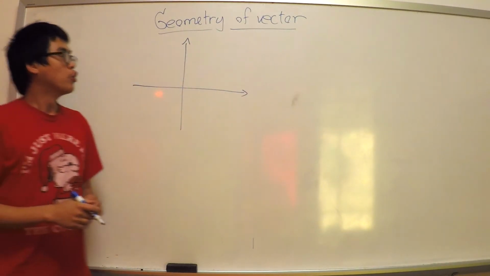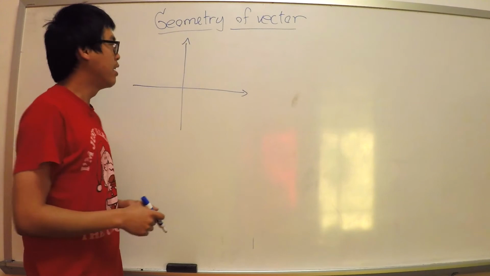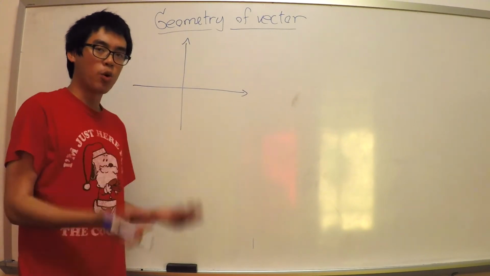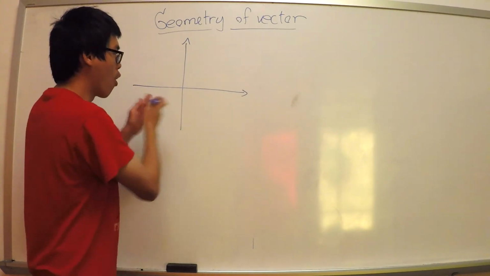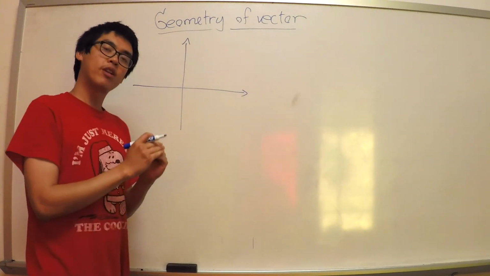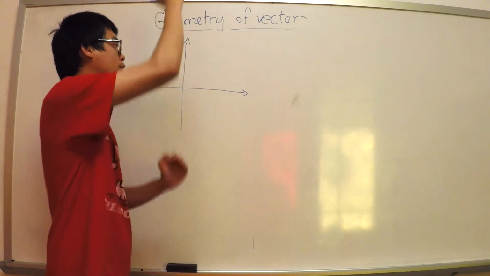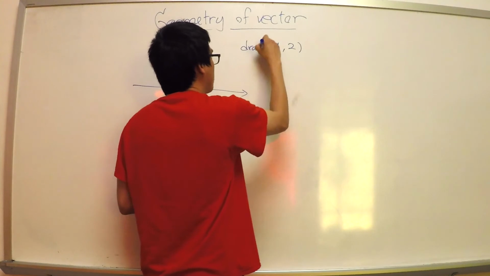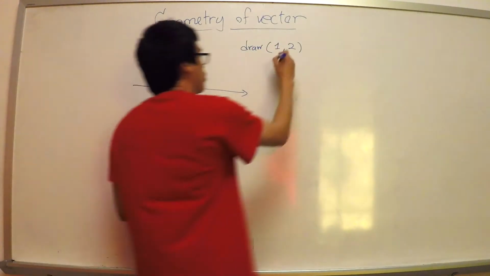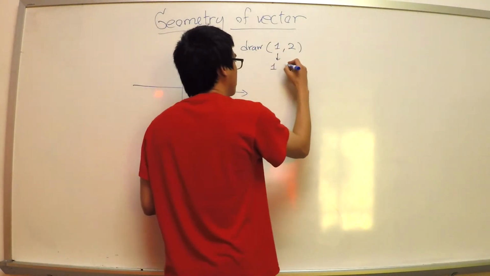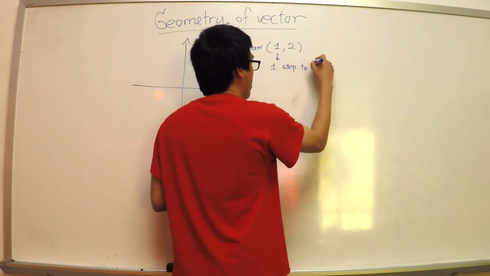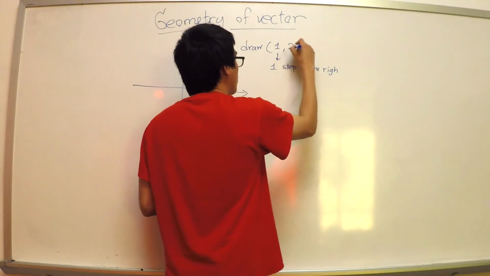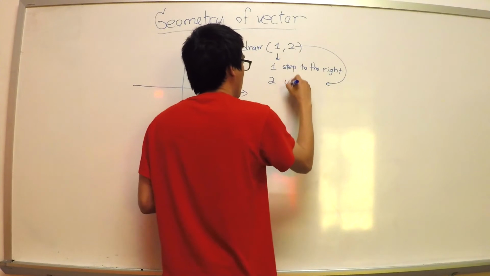To draw a vector in the xy plane, the first coordinate will tell you how far you go horizontally. The second coordinate will tell you how far you go vertically. For example, to draw 1, 2, 1 means 1 step to the right, and 2 means 2 up.